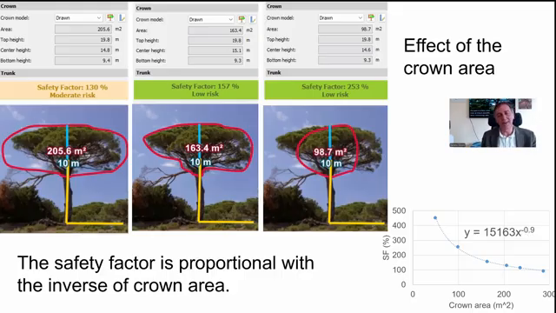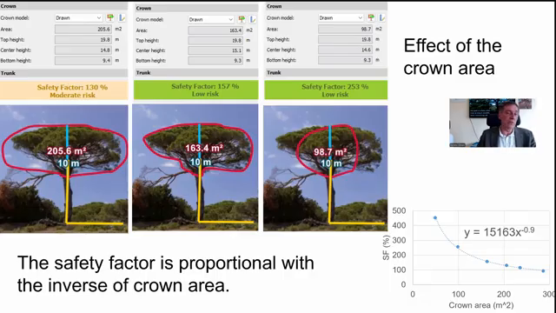Theoretically, it would be -1, but as you know, many other parameters are influencing it. I mean, the self weight of the tree. So that's why it is just indicating that the estimated function is followed quite well.